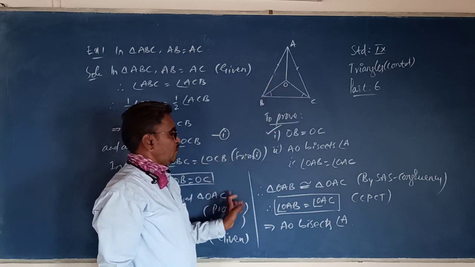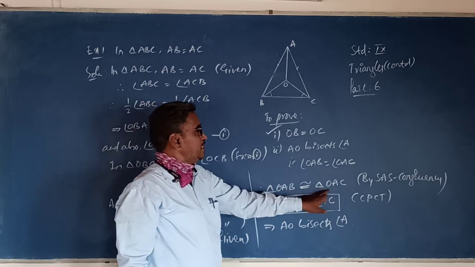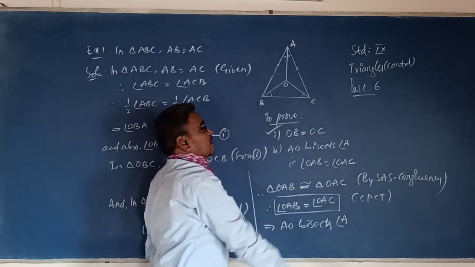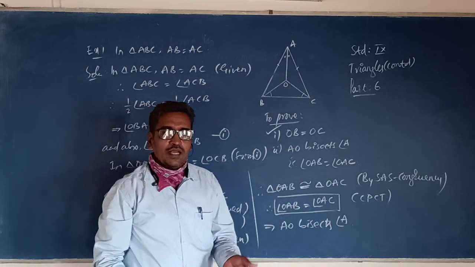Then with the help of the SAS property we proved OAB is congruent to OAC. It tells that this part is equal to this part, meaning AO is bisecting angle A.